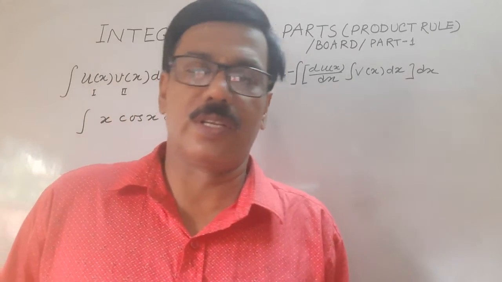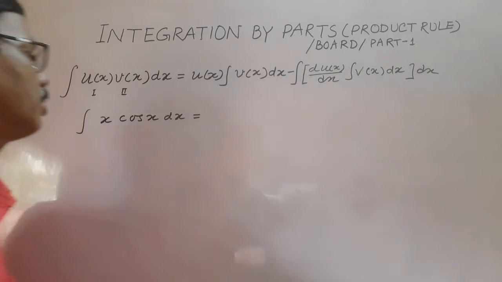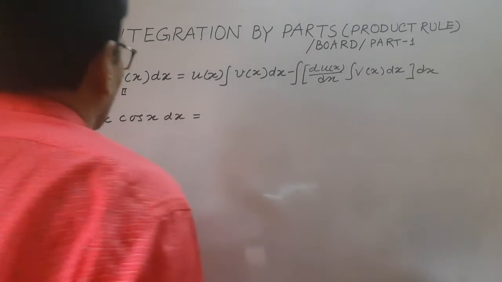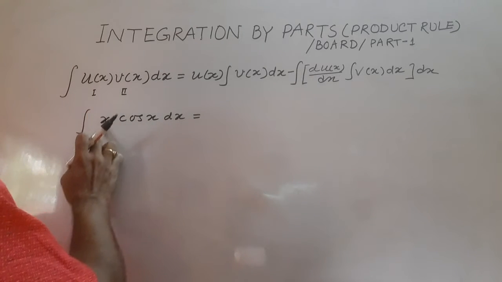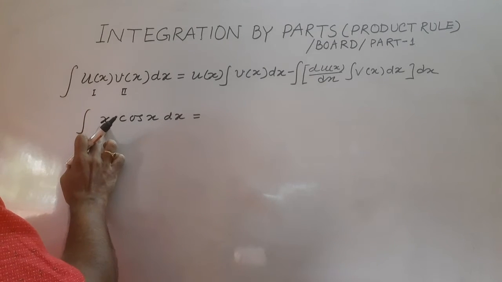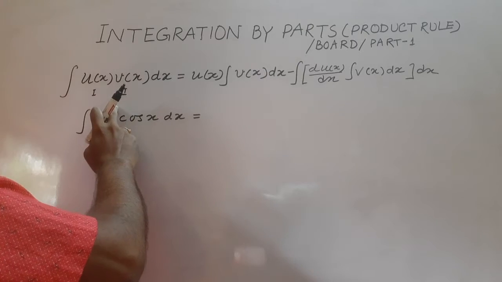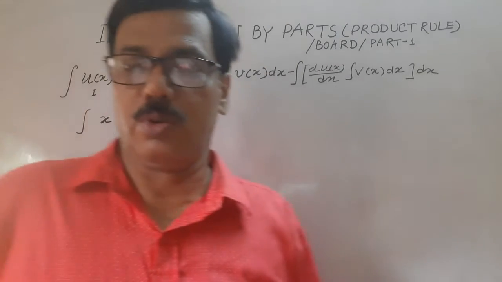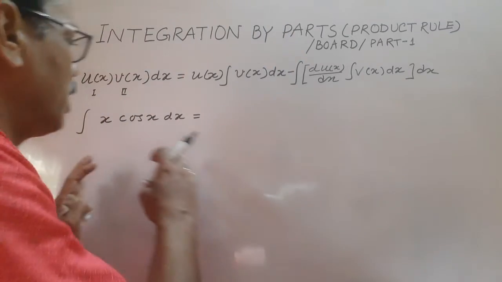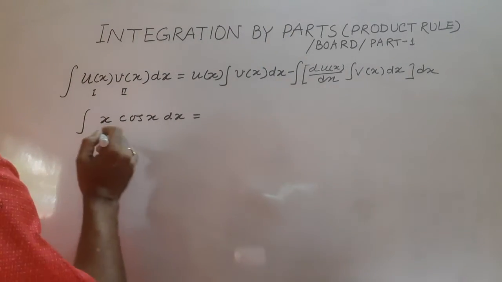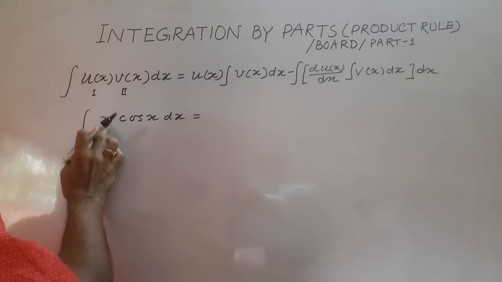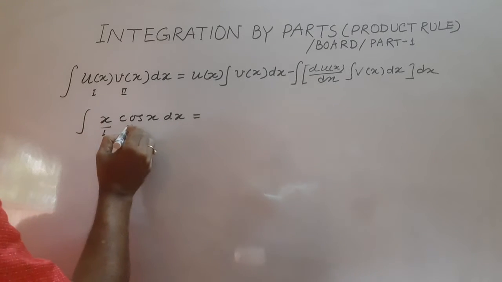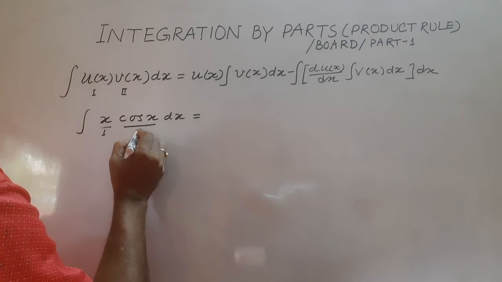This is determined with the help of the inspection method. Look, if we differentiate x, then we get 1. But if we integrate x, then it will be x square by 2. So the power is increasing. That is why we differentiate x. So we consider this as the first function and this as the second.